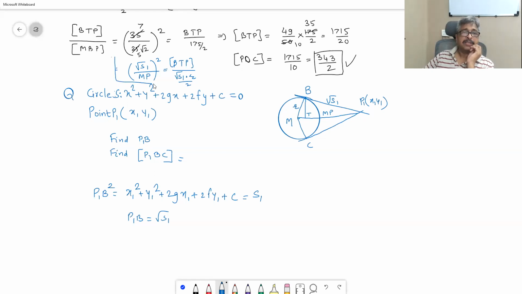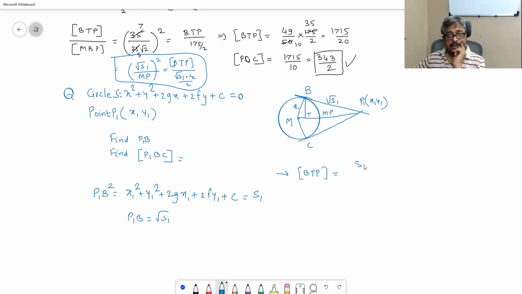Okay, so I am taking this here and solving it. Area BTP is equal to S1, root S1 square is S1, upon MP square is R square plus S1, into root S1 into R upon 2.